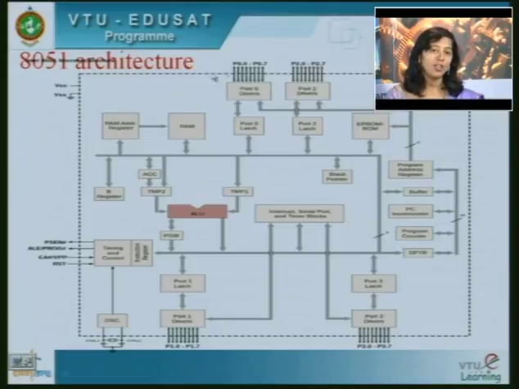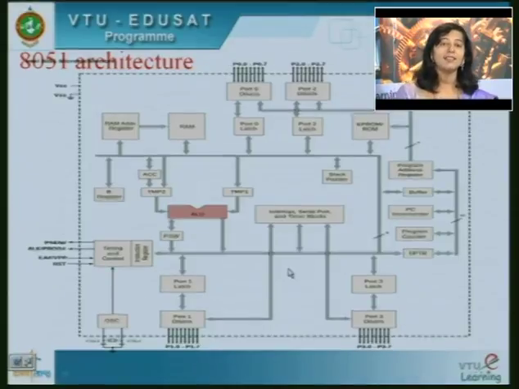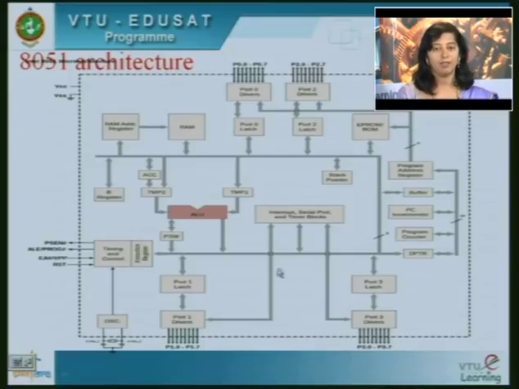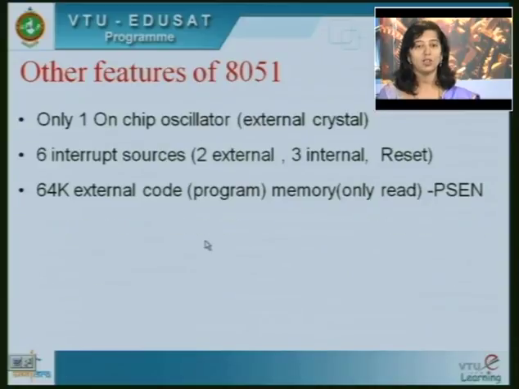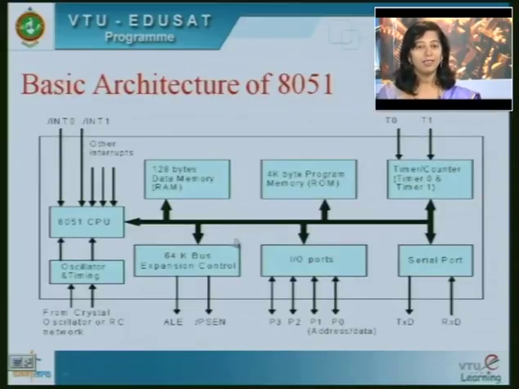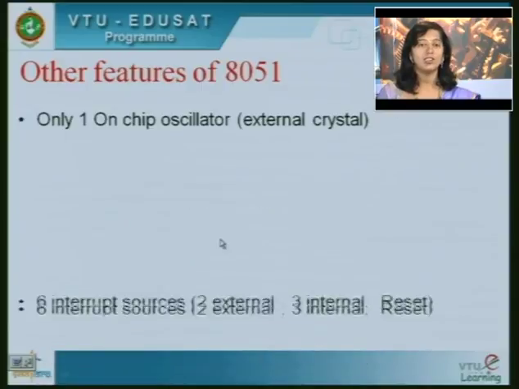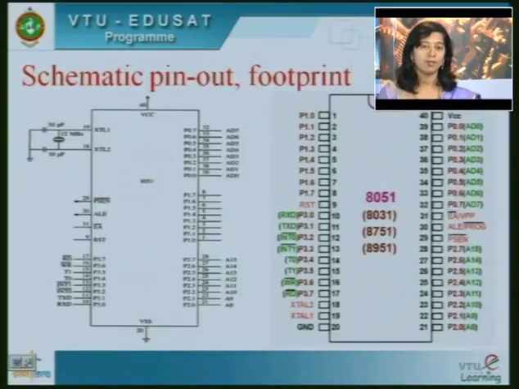So you can see they are all 8-bit wires connected to all these ports. Port 0 has 8 bits, port 2 here has 8 bits, then port 1 and port 3 again 8 bits. So these are the 4 IO ports. So this is the detailed architecture of the 8051. It's just an extension of what we did in the previous blocks, but with more additional details given to this.